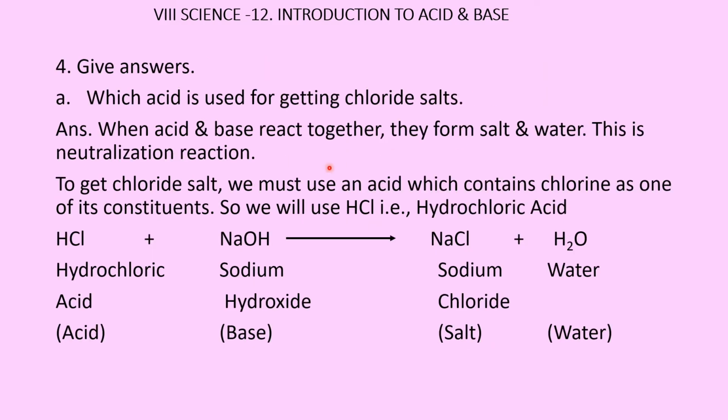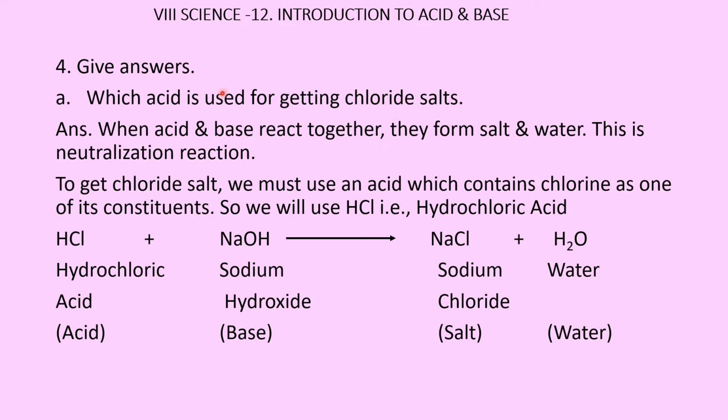Question 4. Which acid is used for getting chloride salts? Chloride salt means the salt which will contain chlorine. So we can get chloride salts only when one of the constituents is chlorine. So children, how do we generally get a salt?